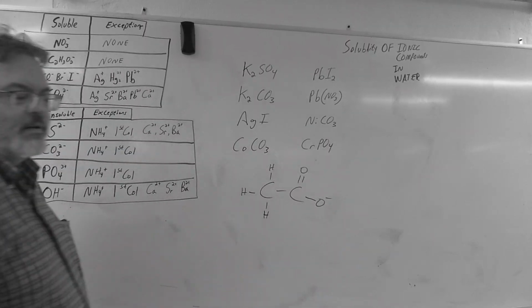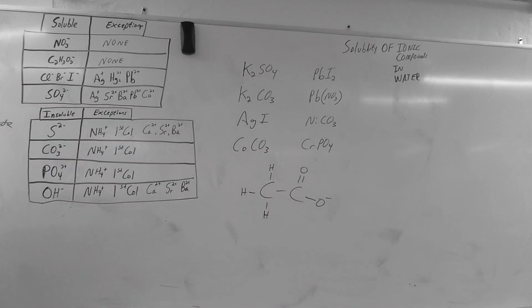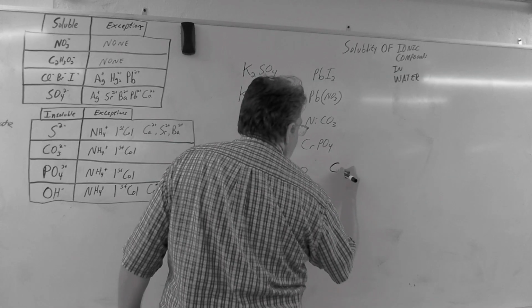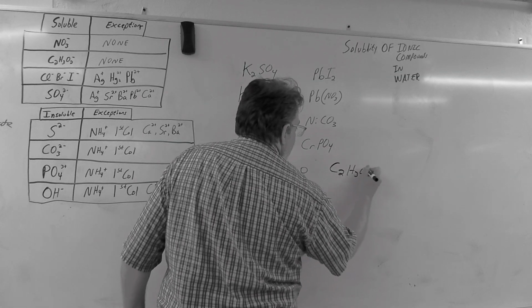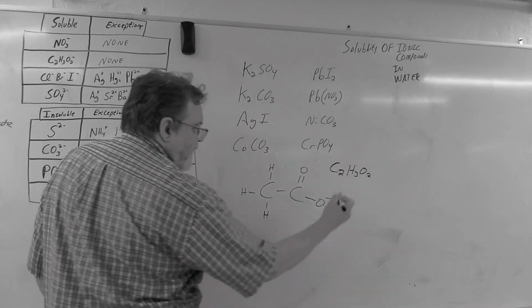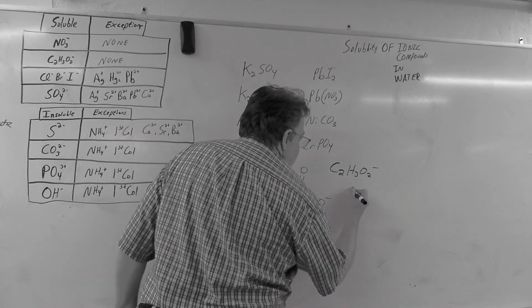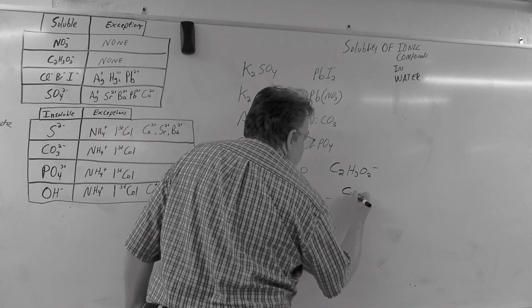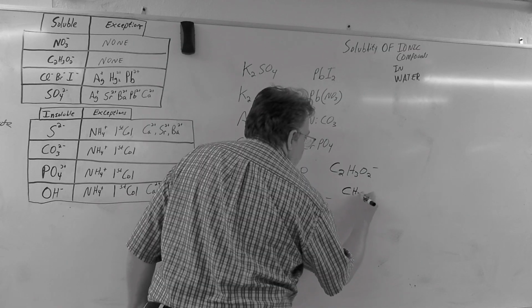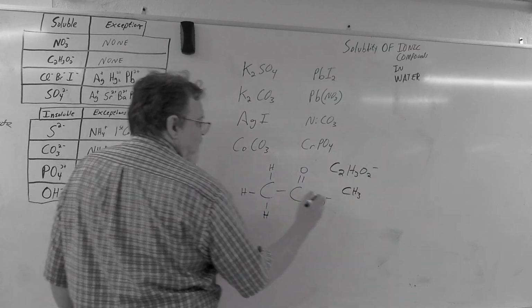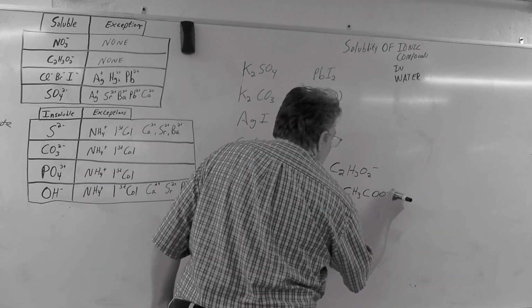There's the acetate polyatomic ion. You see this sometimes written as C2H3O2 negative. You also see it sometimes written as CH3COO.